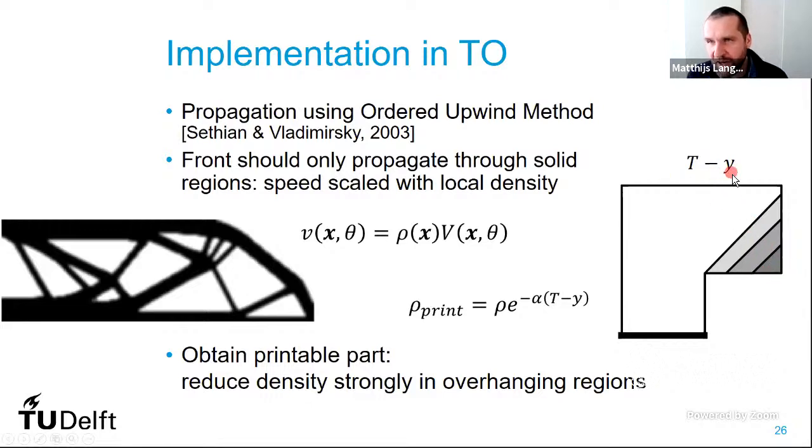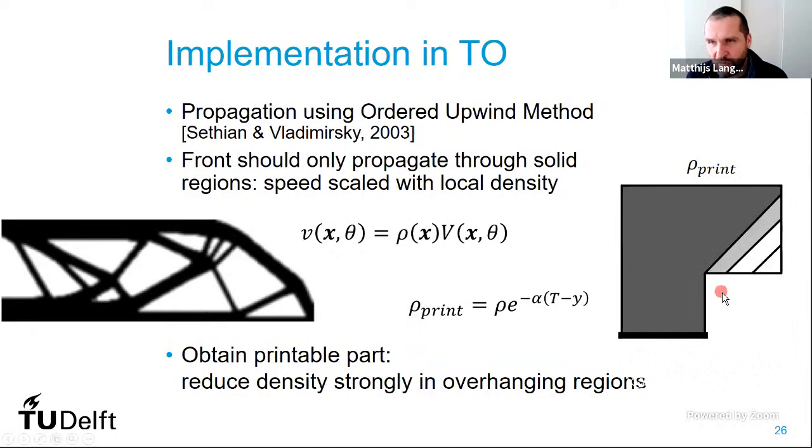So this t minus y, this delay field, as it increases, it would decrease the value of the final printable field. So this plot would transform into something like this, where we have a solid material in this printable part and density that is quickly dropping off in the overhanging part.